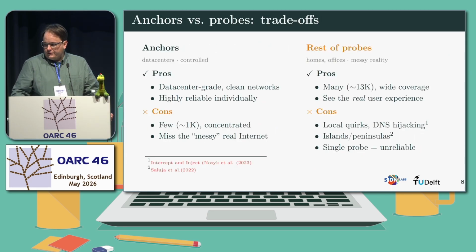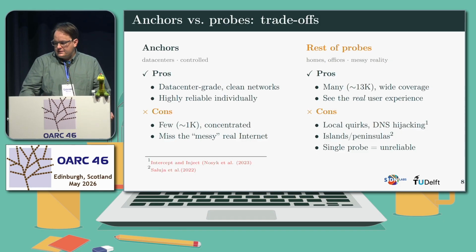The difference between anchors and all the Atlas probes is that anchors sit in data center locations. The network is pretty neat and really reliable, but there are fewer of them. With the rest of the probes, it's the real internet, a mess, with way more vantage points. They have DNS hijackings, they have issues with islands and peninsulas, and they're really unreliable, in the sense that only one probe giving an answer doesn't mean anything.